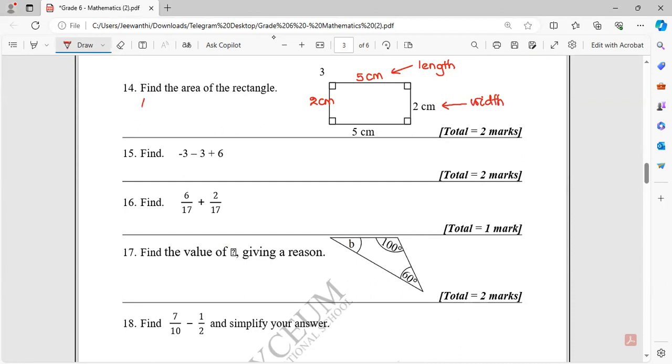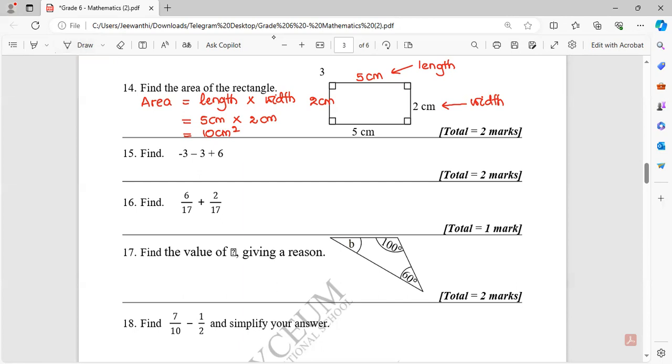So therefore, I write that area is equal to length times width. Right? So then I write length is 5 centimeters, width is 2 centimeters. So then 10 centimeters square. Be mindful about the units with it, right? 5 times 2, 10, 10 centimeters square.